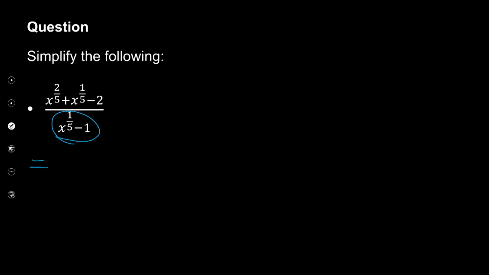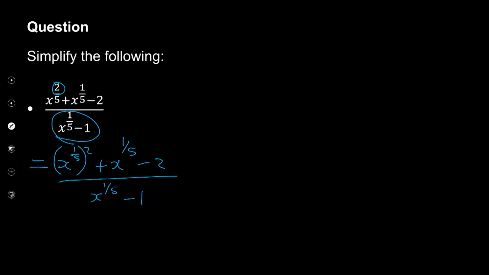So this means it will be x to the exponent of 1 over 5 as the first term, all squared. Why squared? Because of that 2 that I have there. Everything else I will rewrite the same way as it is, minus 2, all of this divided by x to the exponent of 1 over 5 minus 1.